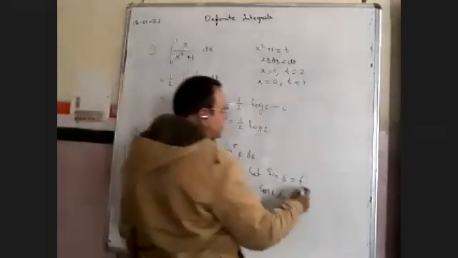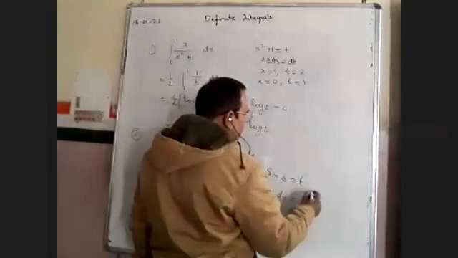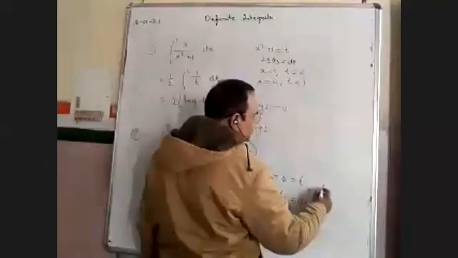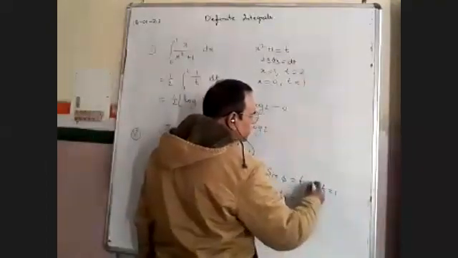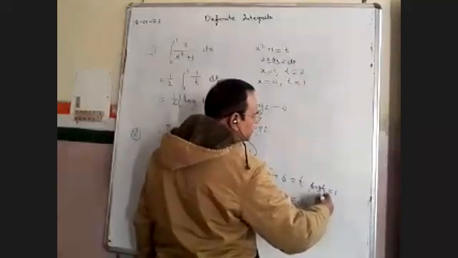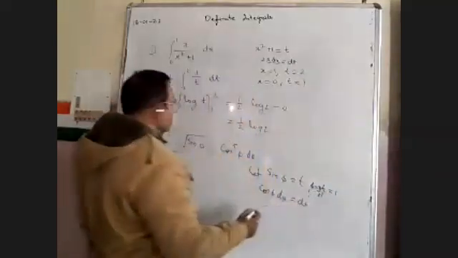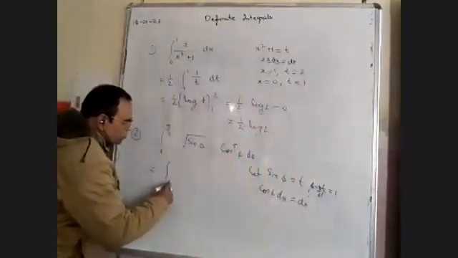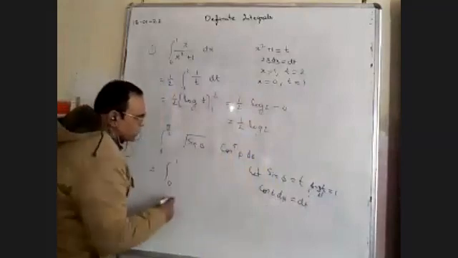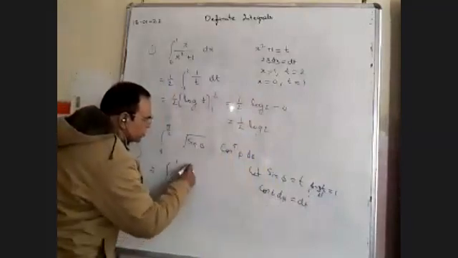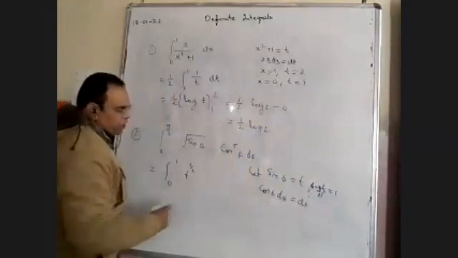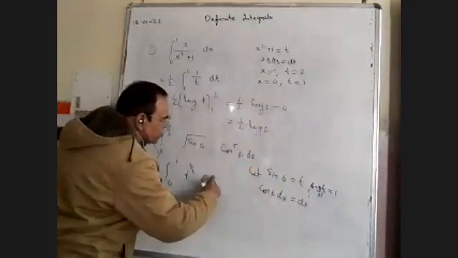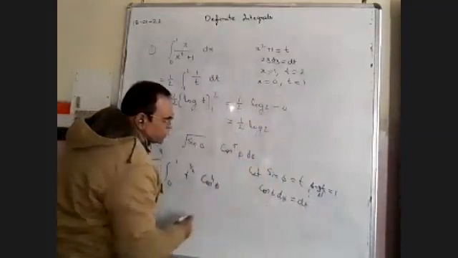If you put 5 is equal to π/2, तो sin 90 1 हो जाएगा, so t equal to 1. And if 5 is equal to 0, then t equal to 0. So 0 to 1. In place of sin 5 we are putting t, so t to the power 1/2. Cos 5 we have used here, cos to the power 4, d5 is still remaining.